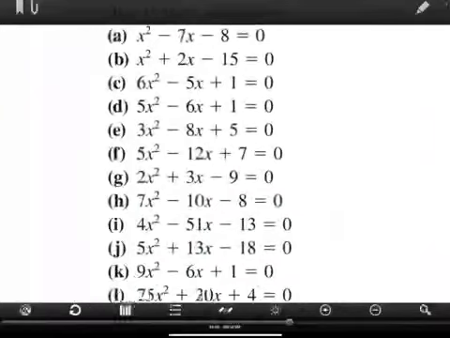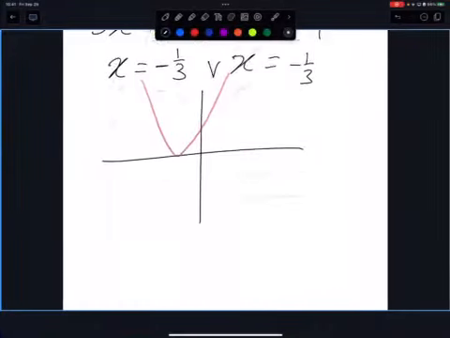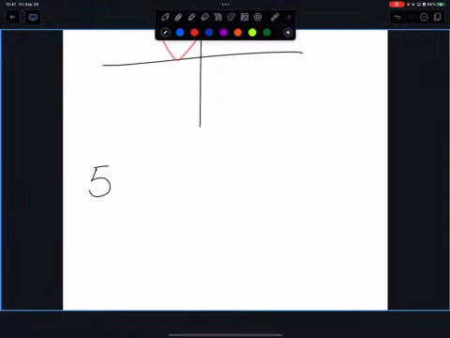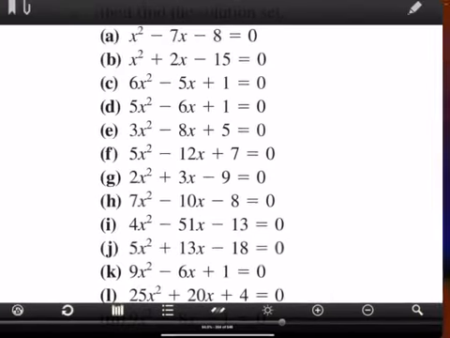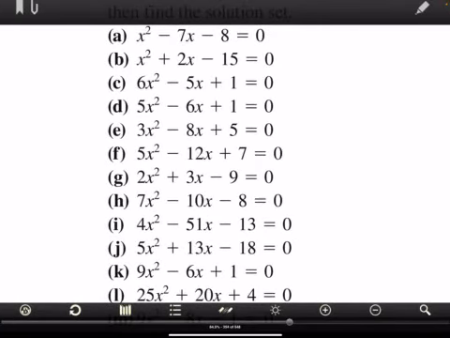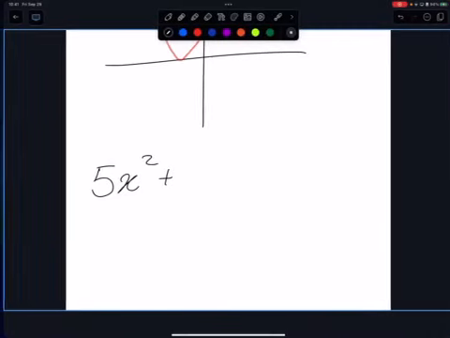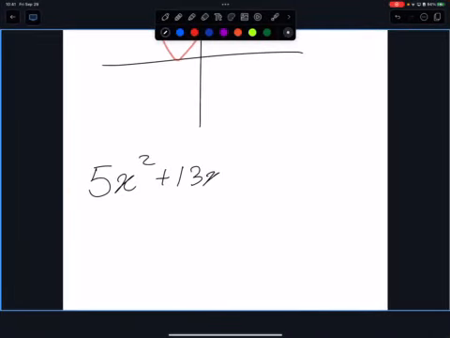5x squared plus 13x minus 18. Find the roots of this equation.